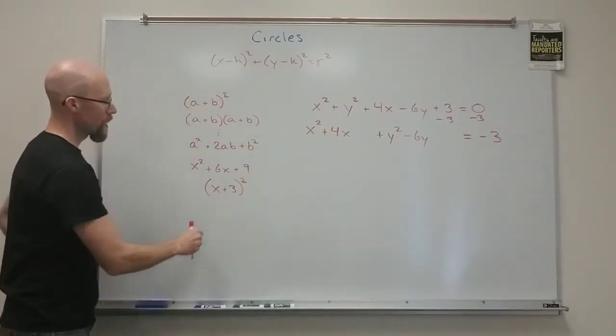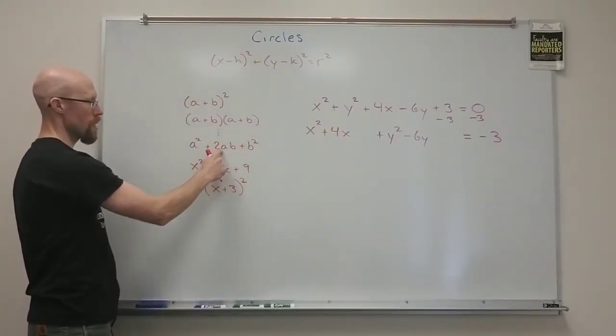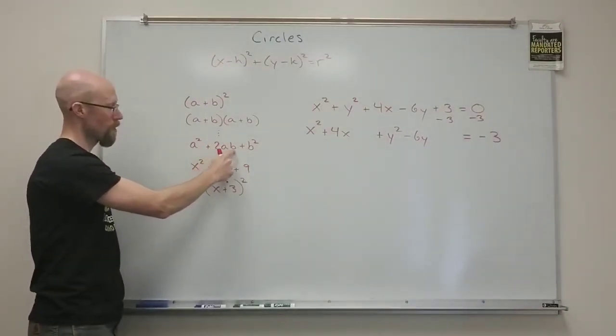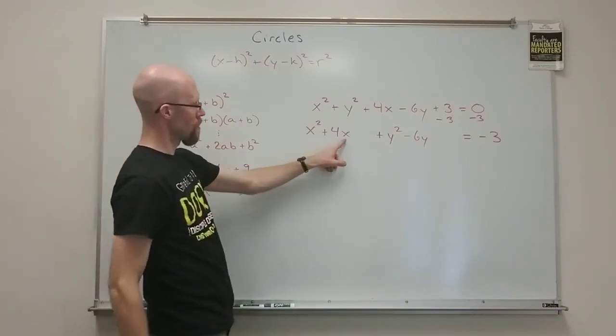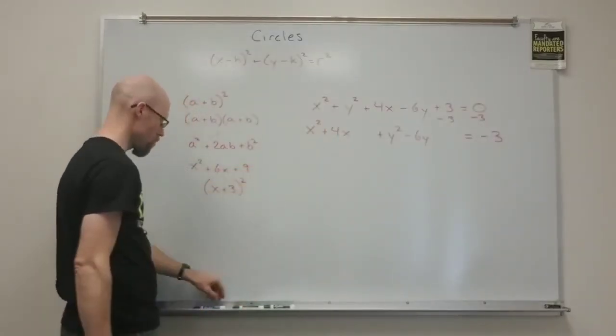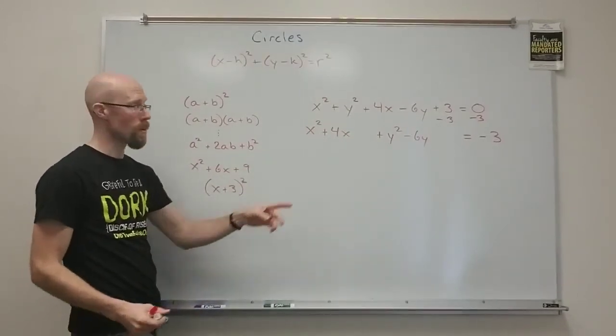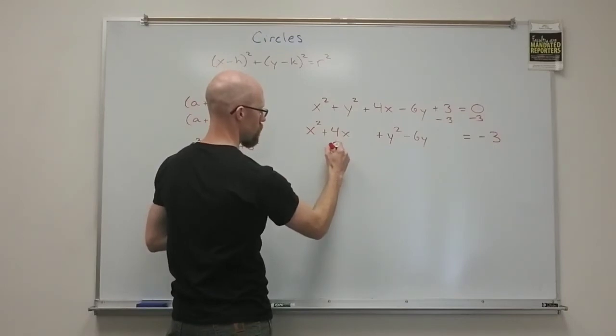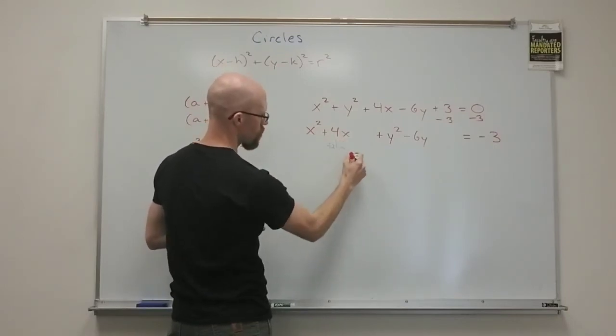The trick to figuring out what b is: you take the middle term and divide by 2. That will free up the b, because the a is already the x essentially. So if I divide 4 by 2, I get 2.